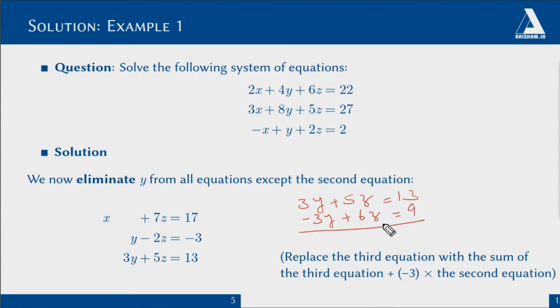So the sum will be 0 plus 11z equal to 22. So the third equation will be replaced by 11z equal to 22.